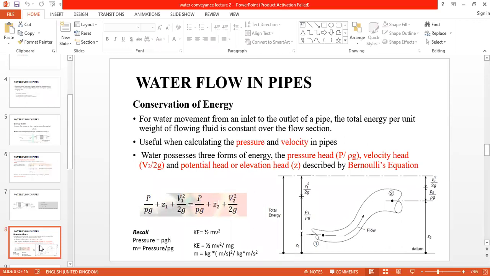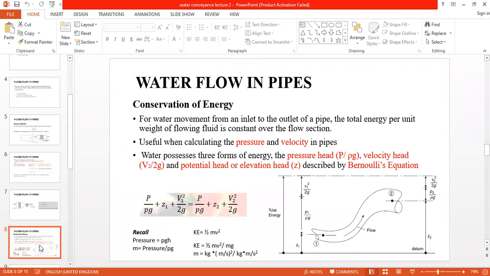Like yesterday, we said that there's potential energy and there's kinetic energy. If something has a higher potential energy and starts moving, that potential energy starts to reduce while the kinetic energy starts to increase. But in the end, the energy at the 2 points will be equal.